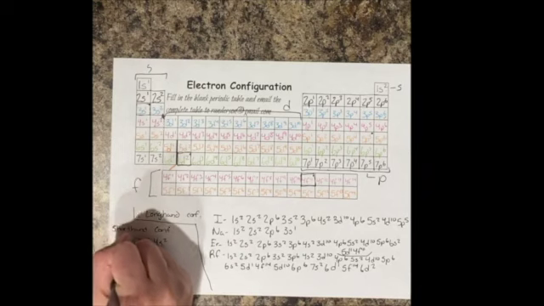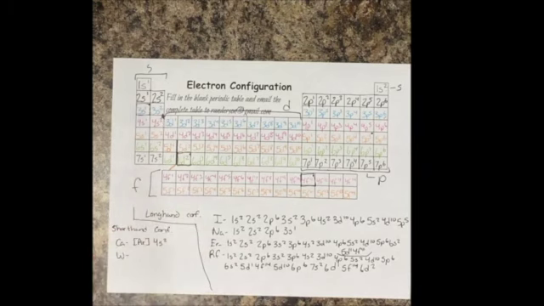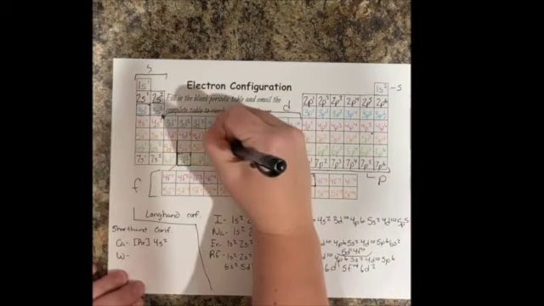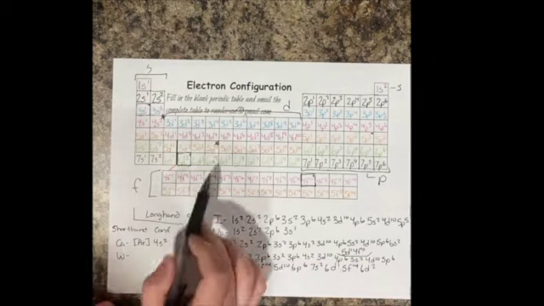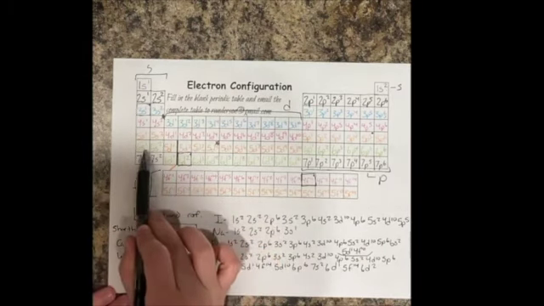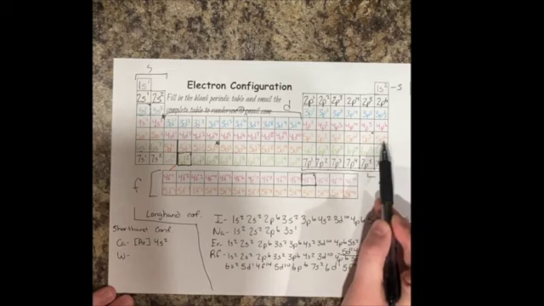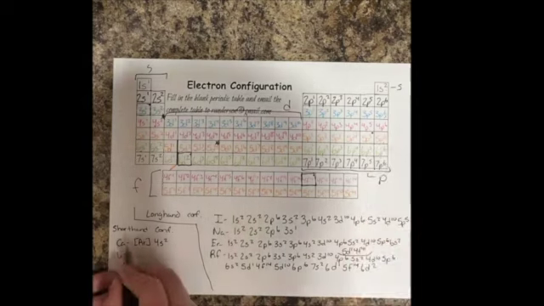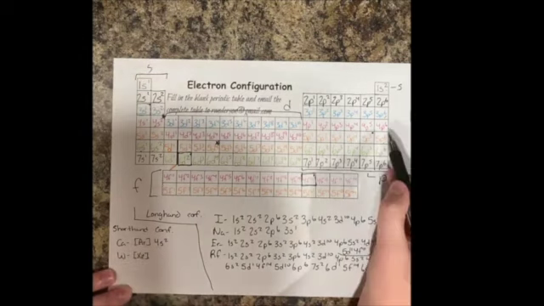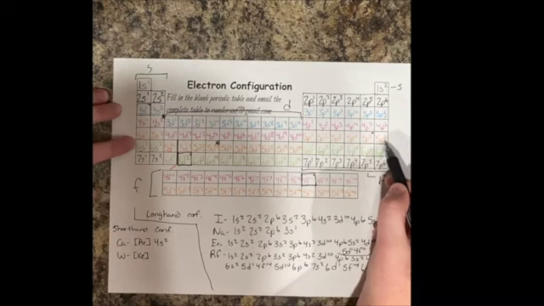Let's do W. So if I look at a periodic table, because I definitely don't have W memorized, it is right here. Okay, so I go backwards. And then I find the last noble gas that it passed, which is 5p6. I look at my periodic table. That is Xe. All right. So now I just write everything after that.